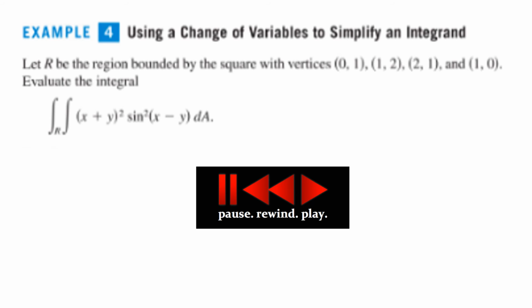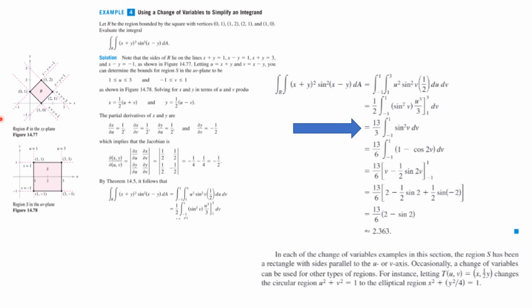Let's see how you did. Okay, this is what the R looks like, and you see it's lopsided, but you have a nice substitution that we're going to do. And when we invert, we're going to let x plus y be one variable, x minus y the other.